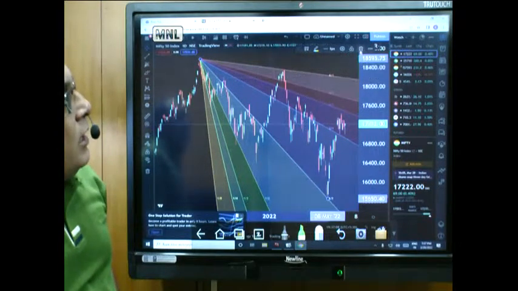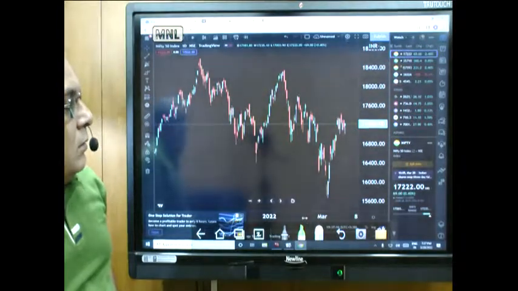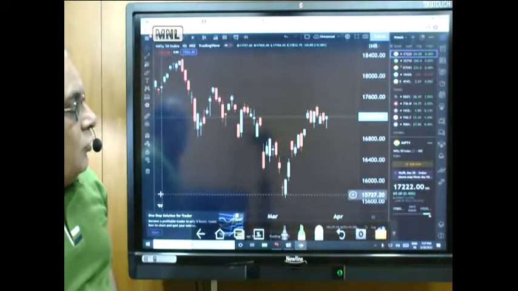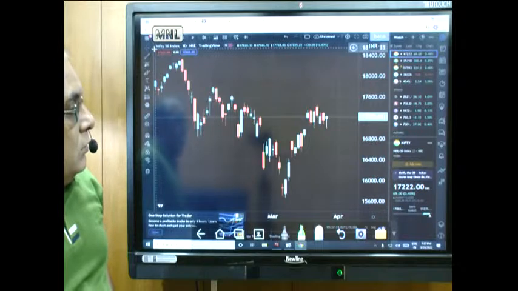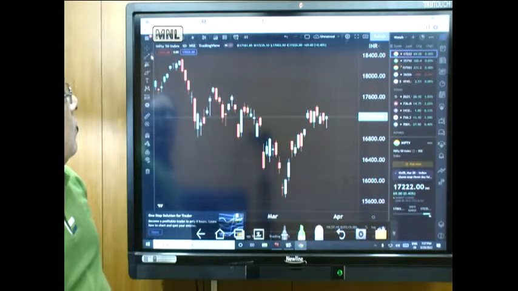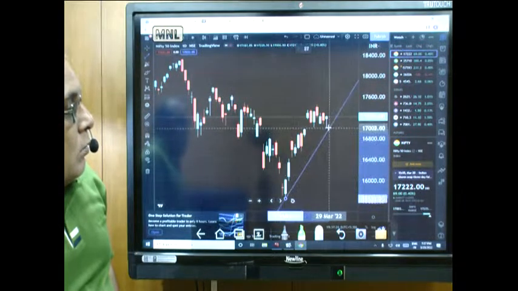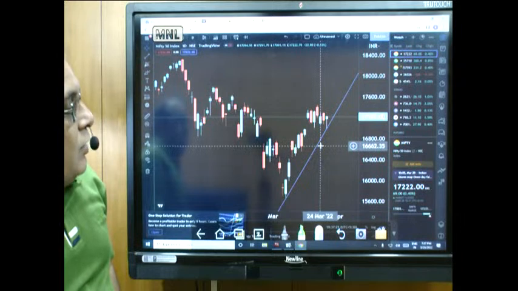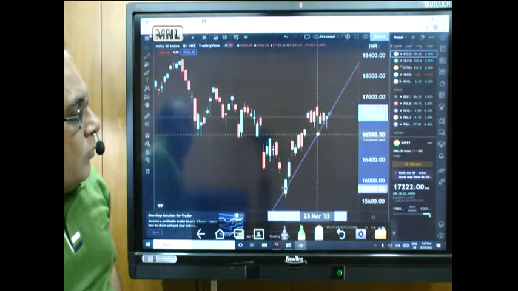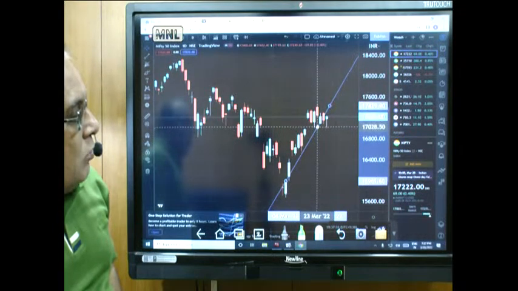Now we will look at this one also right now. So this is a normal trend line which we have drawn from the close low to the important bottom of 15,700 or so.